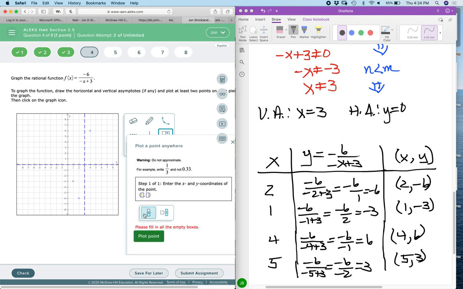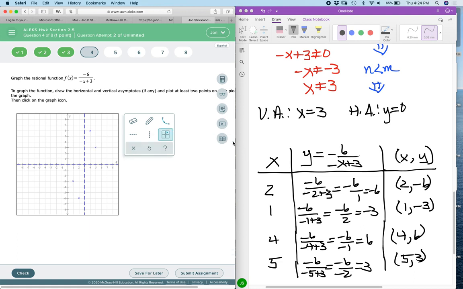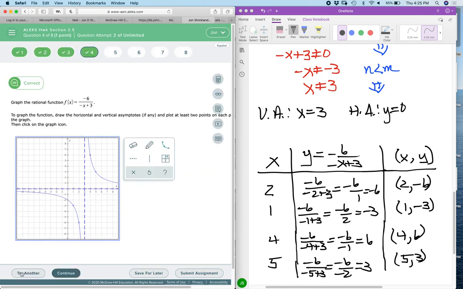And for the next, we have 5 and 3, plot point. Okay, and so just taking what we have now, with the connection and checking, the result is correct.